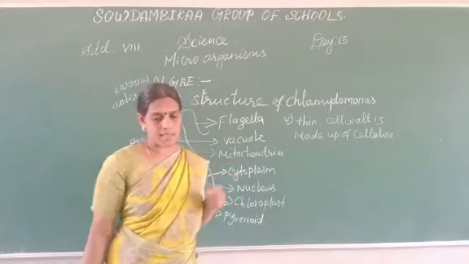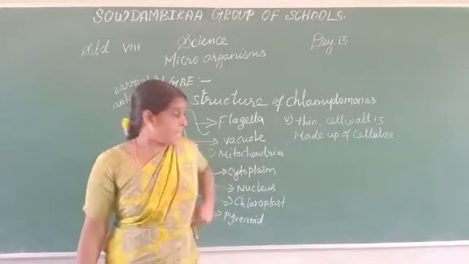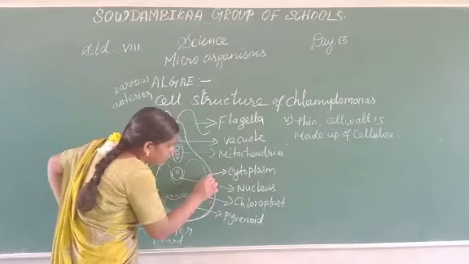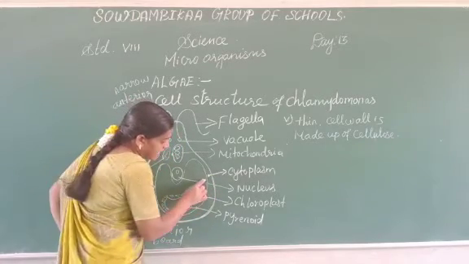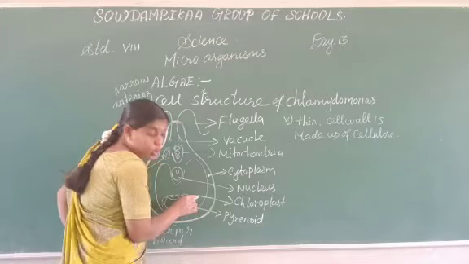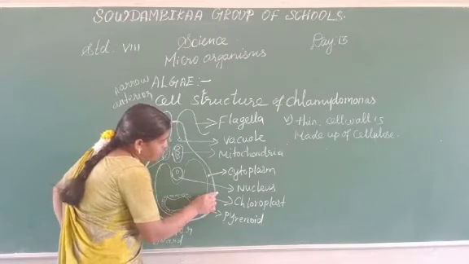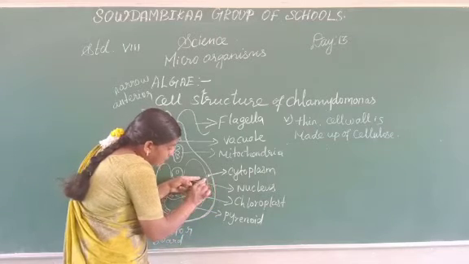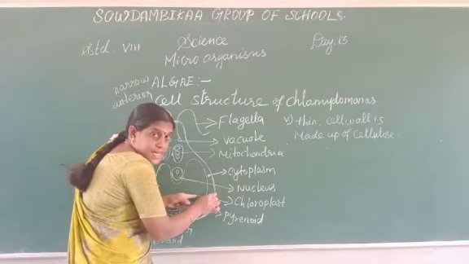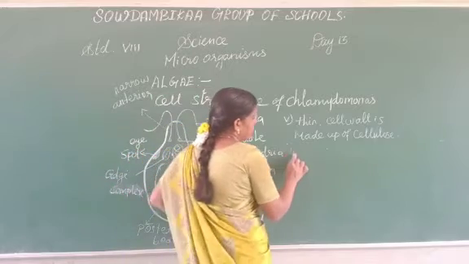The cytoplasm is seen in between the chloroplast and the cell membrane. This is the cell membrane. Where is it found? In between the chloroplast and cell membrane.